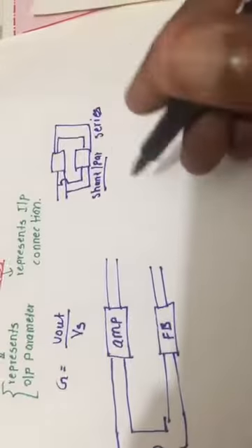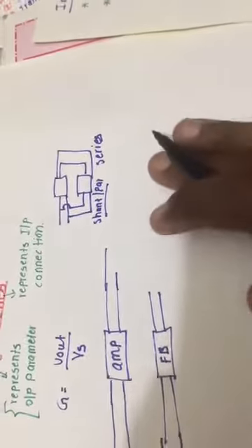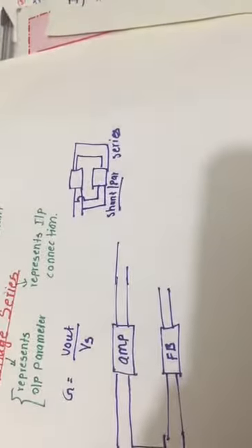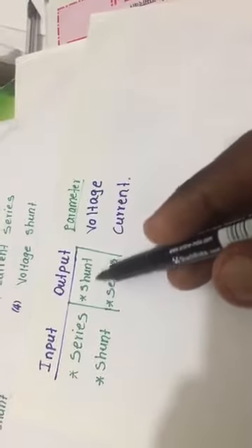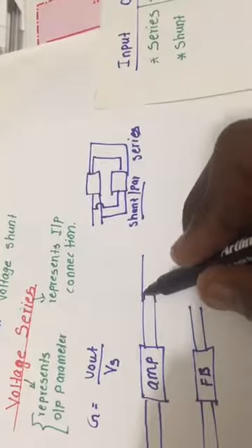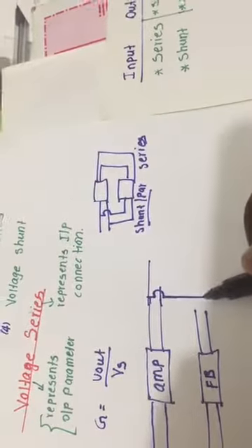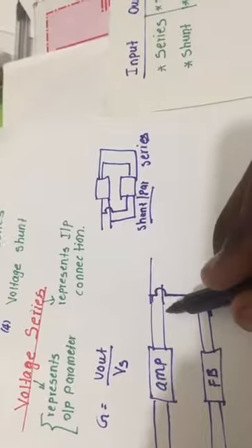Then we connect the output as a parallel, because whenever we have a voltage, it means our output will be shunt. Our output will be shunt or parallel, so we connect in a parallel form, from here to here, then here to this, then this to this.